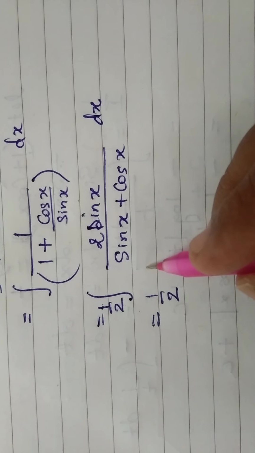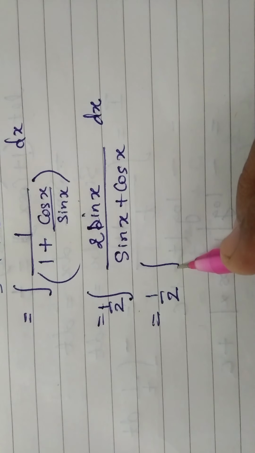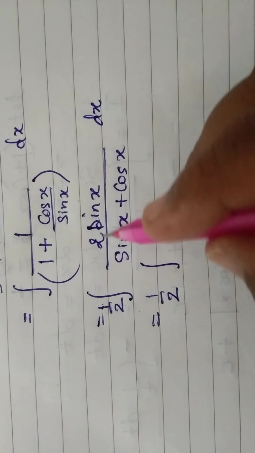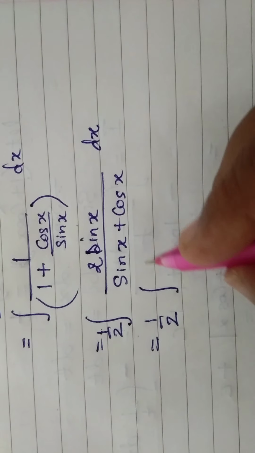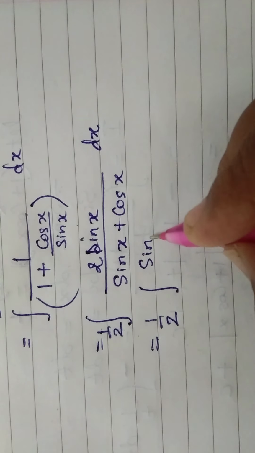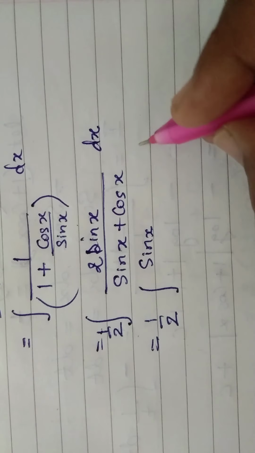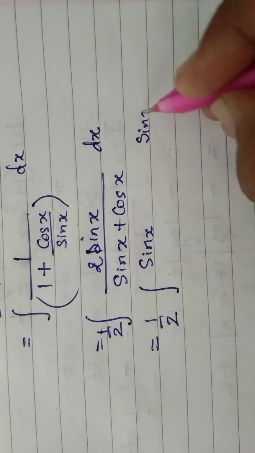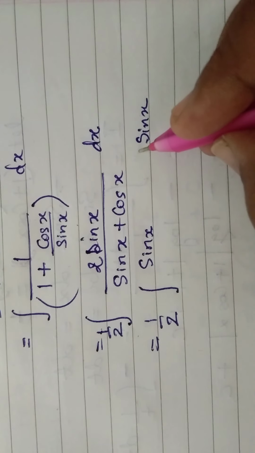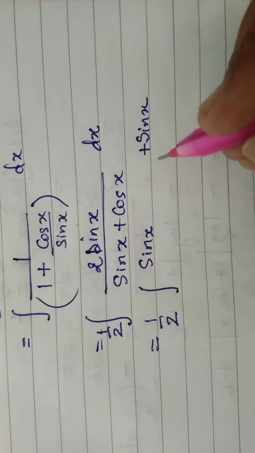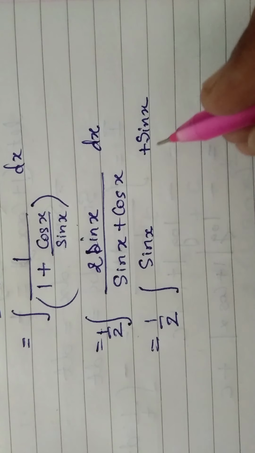So now I have integral. This I have 2 sin x. 2 sin x means I have it as sin x plus sin x. So I have my sin x term 2 times. I have sin x and sin x.